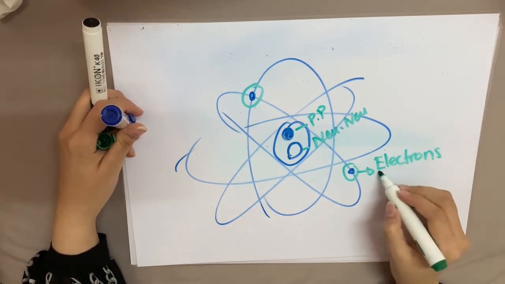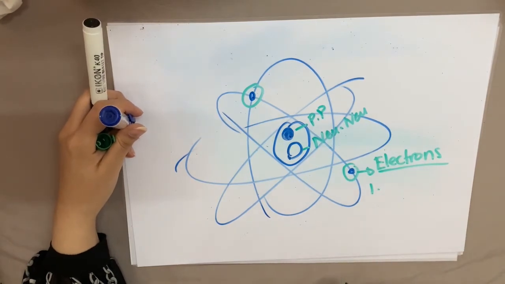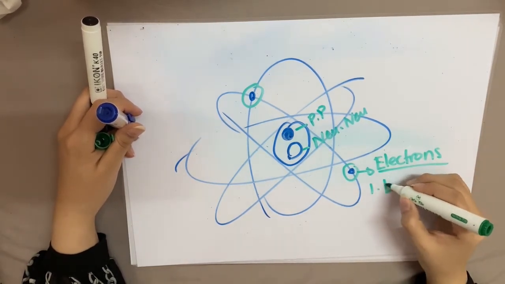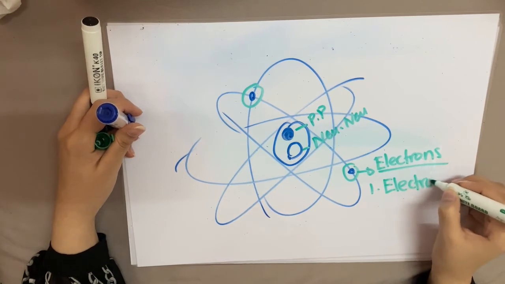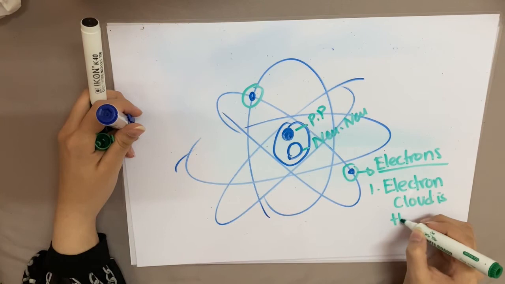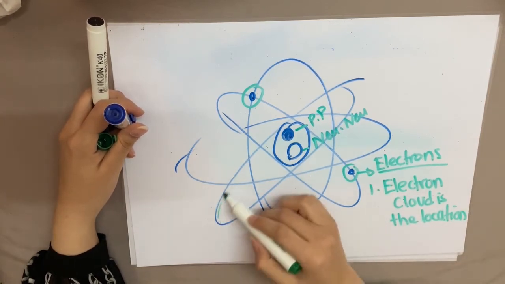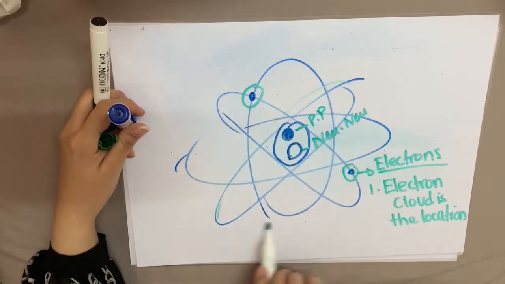Electrons are located where? Also, location and charge are very important. It's located in the electron cloud. That is the location. Okay, so all this, can you see these lines? It technically spins and spins.